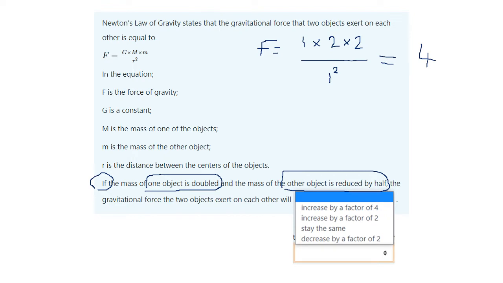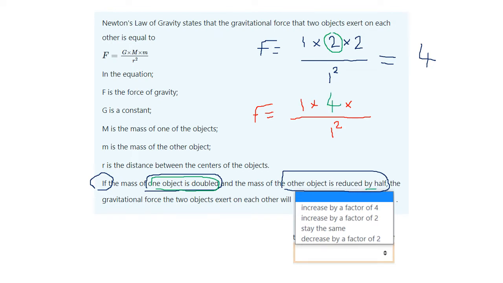Now, we're going to do the imagined situation. In this situation, the constant is still going to be the same and the distance is still going to be the same, but we're going to change 2 of the masses. One object is going to double. So 2 is going to double. This will become 4.